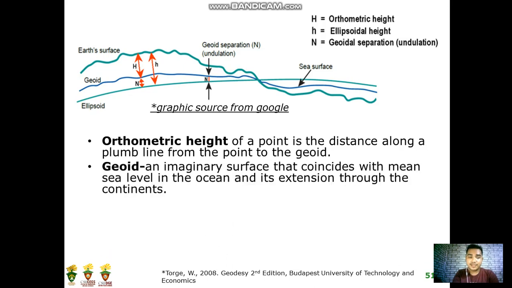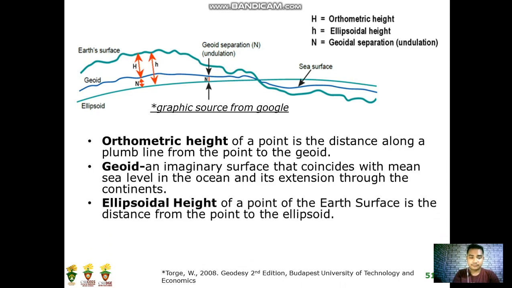And geoid, again, we're going to define, it is the imaginary surface that coincides with the mean sea level in the ocean and its extension through the continents. So from the sea surface, extended padulong sa continents or landforms. We have also here ellipsoidal height, or kanang h nga gamay.